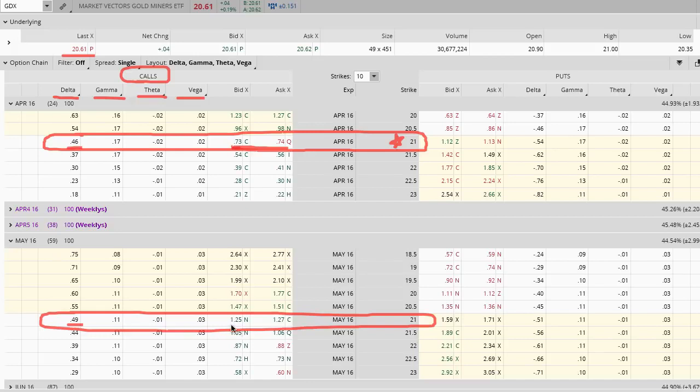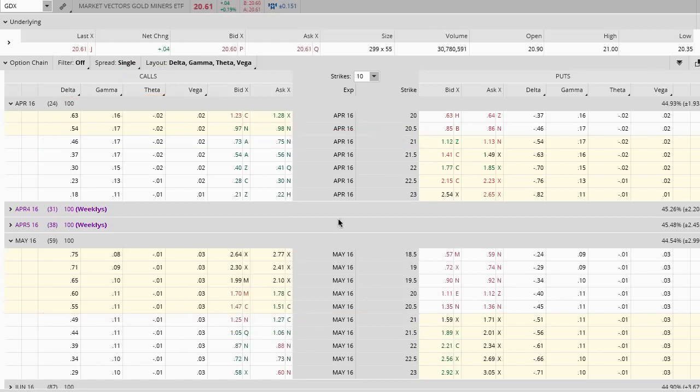Those options out in May are a little more expensive because of a bunch of different factors, which we'll continue to talk about. But they have a lot more time value and volatility baked in, and are going to profit a little more from a quick move up in the underlying stock. They cost more upfront, but they profit a couple dollars more for a $1 move up in the stock.